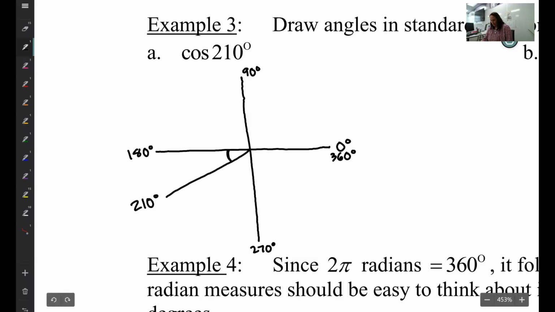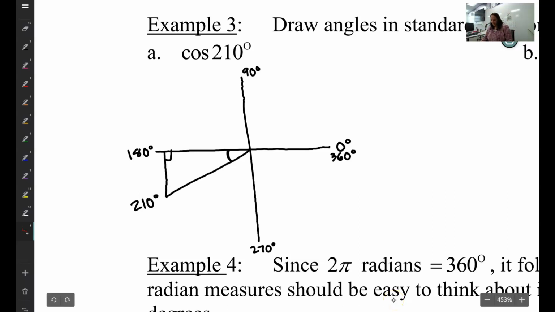Then I can draw this right triangle here and make this angle right here. That is called a reference angle. A reference angle is any angle back to the x-axis. So if you are above the x-axis, the reference angle is down to the x-axis. If you're below the x-axis, the reference angle is up to the x-axis.